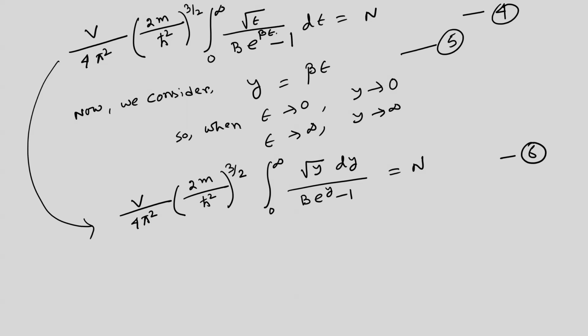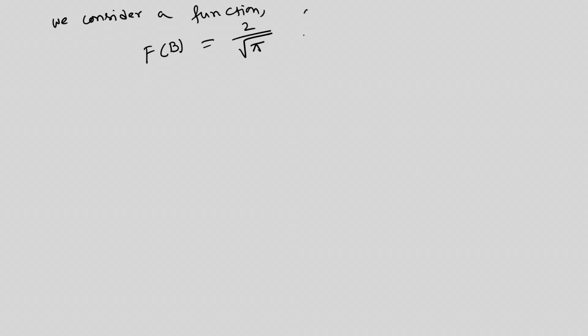Now, next we consider another function, f, which is a function of B: f(B) is 2 by root over pi, integral 0 to infinity root over y dy by B e to the y minus 1. This is our equation 7.